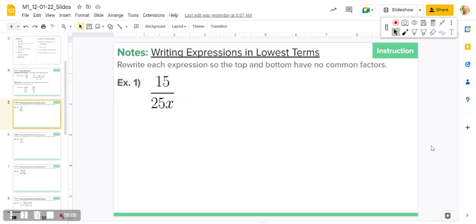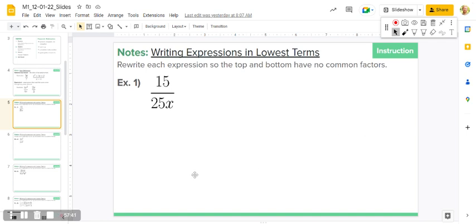So the skill that we're going to be working on today is rewriting expressions in lowest terms. And lowest terms is the same thing as simplest form. We're not changing anything about what the fractions or expressions mean. We are just finding a simpler way to represent them. So if you look here in example 1, we have 15 divided by 25x.